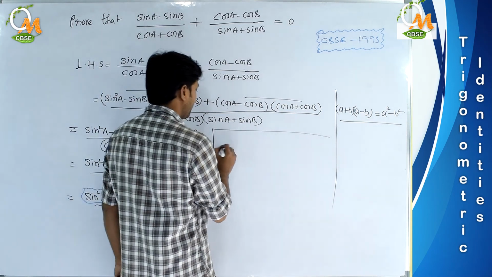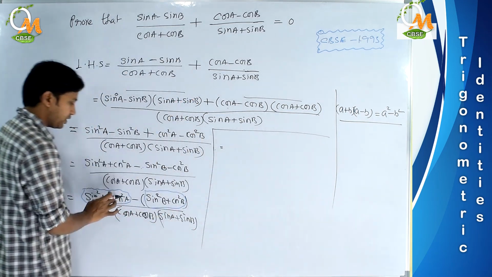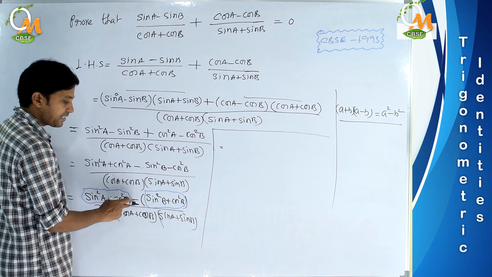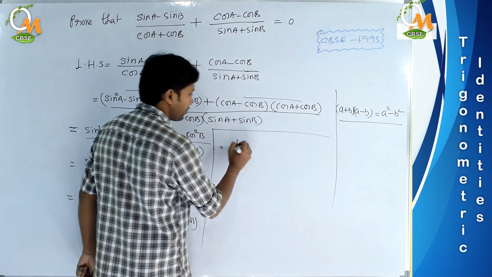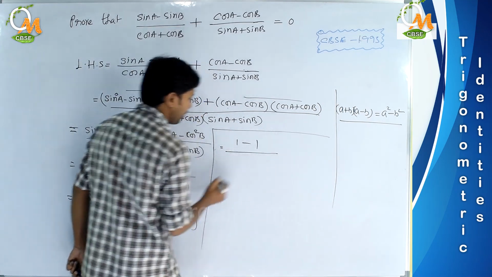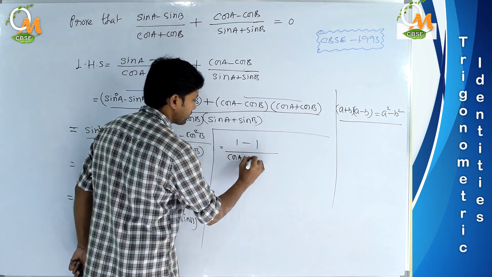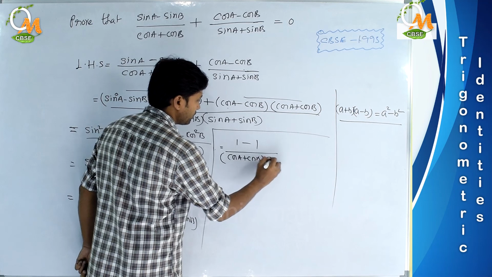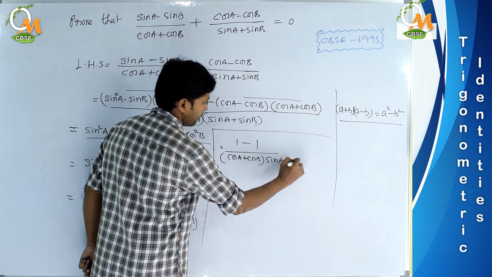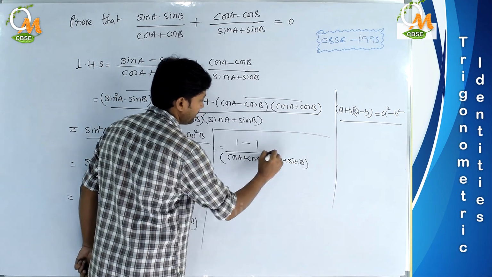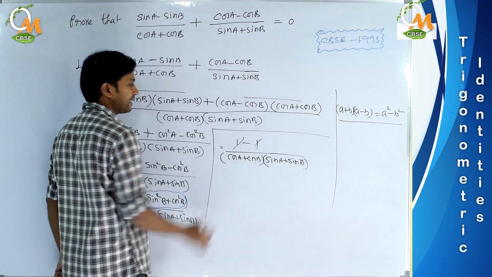So we can write this expression as 1 minus 1, with the minus symbol in between, upon cos A plus cos B into sin A plus sin B.